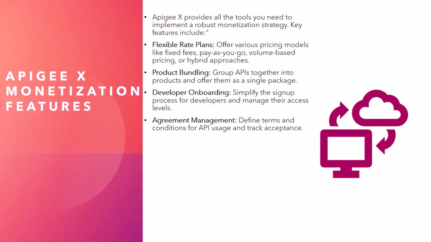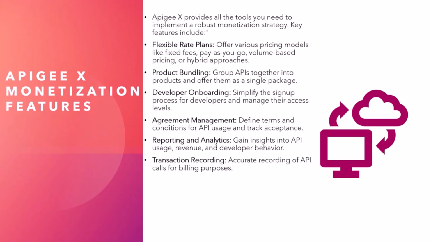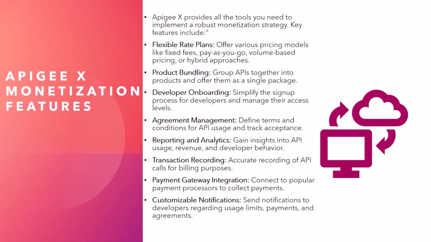You can bundle your APIs as digital assets or products, and it simplifies the sign-up process for developers and manages their access levels. It defines terms and conditions for API usage and tracks acceptance. Reporting and analytics give you insights into API usage, revenue, and developer behavior, and transaction recording is there. Payment gateway integration connects to popular payment processors to collect payments, and customizable notifications are all part of it.